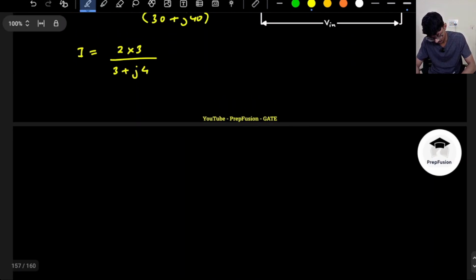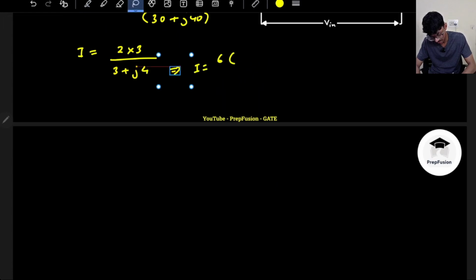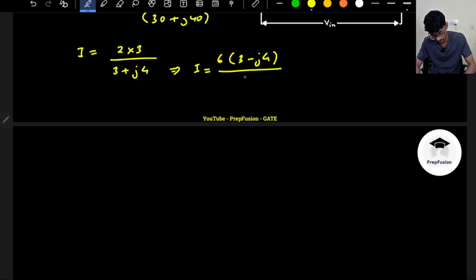So you can write this as 6 into, if I cross multiply 3 minus J4 on both sides, 3 minus J4, this will be 25.